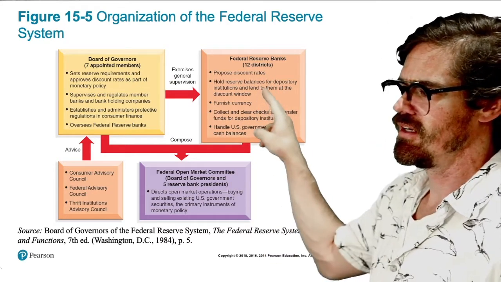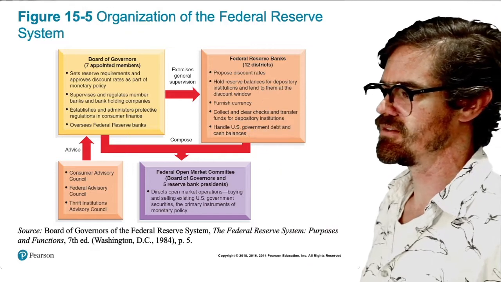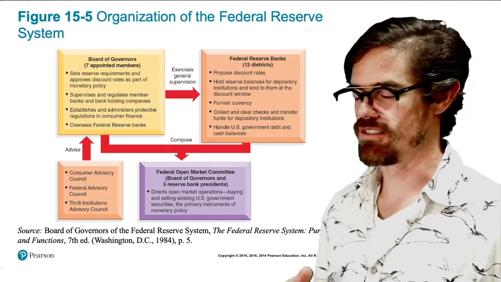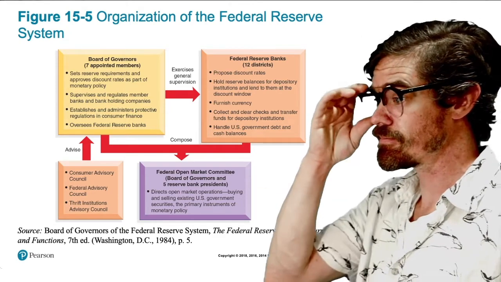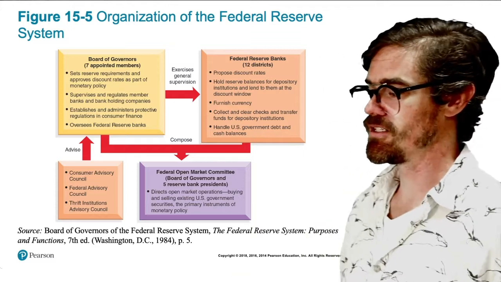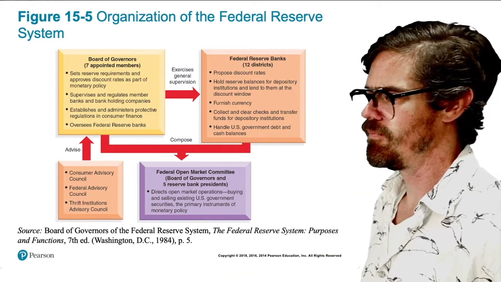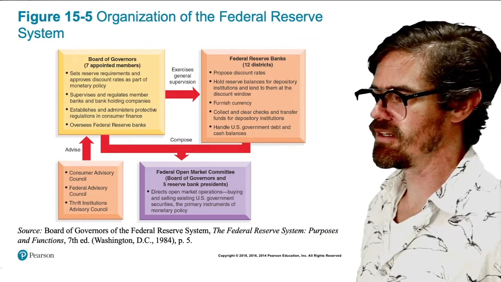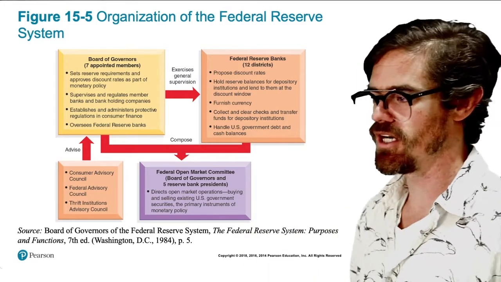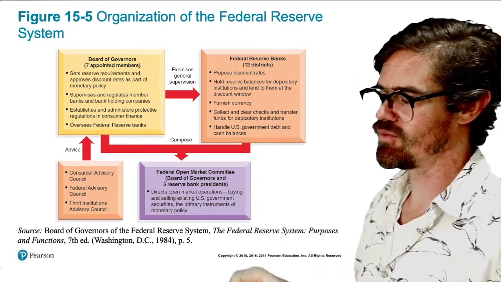These 12 district banks hold reserve balances for banks like SunTrust and Bank of America. They provide currency, so that's one aspect of those banks. An important aspect is they collect and clear checks. So when you write a check or someone writes you a check, it goes to one of these 12 district banks.